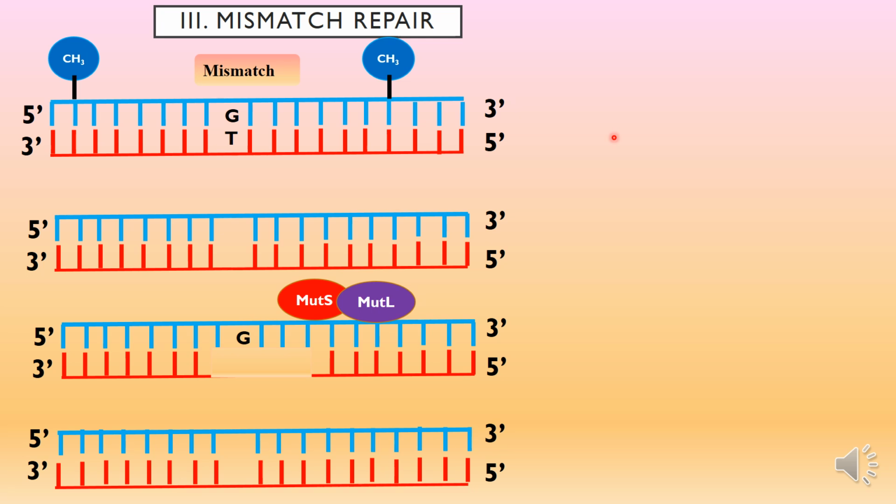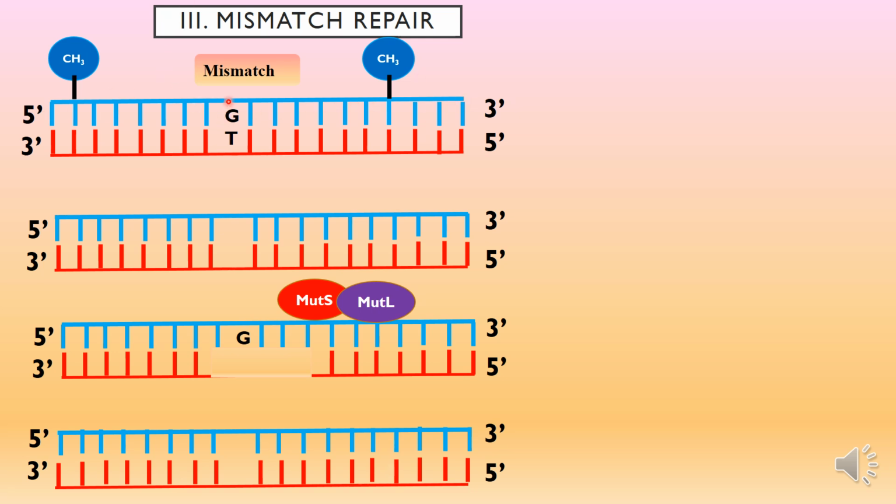So let us see the whole mismatch repair mechanism. In the mismatch repair mechanism, this is the parental strand which is methylated, and this is the newly synthesized strand which has no methylation. So methylation marks the older parental strand.